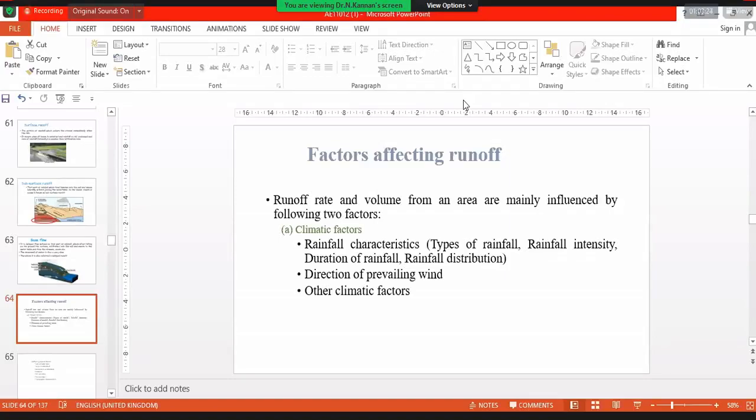What is the unit for the intensity? Millimeter per hour. Very good. That's the intensity. We will see all such processes later in detail. So first, rainfall characteristics. Then we will talk about wind effect. Then we will talk about some other miscellaneous climatic factors which are responsible for that. Please make a note on this.